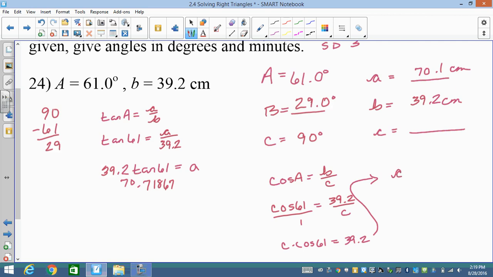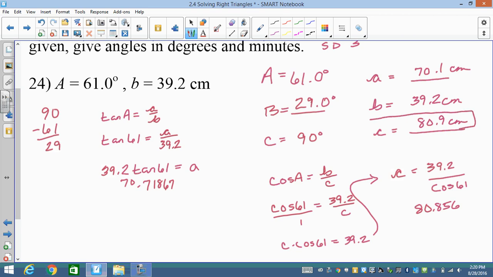So little c equals 39.2 over cosine 61. We throw that into the calculator and we get a value of c of 80.856. Now we can round, and to one decimal place, we're going to round this to 80.9 centimeters.